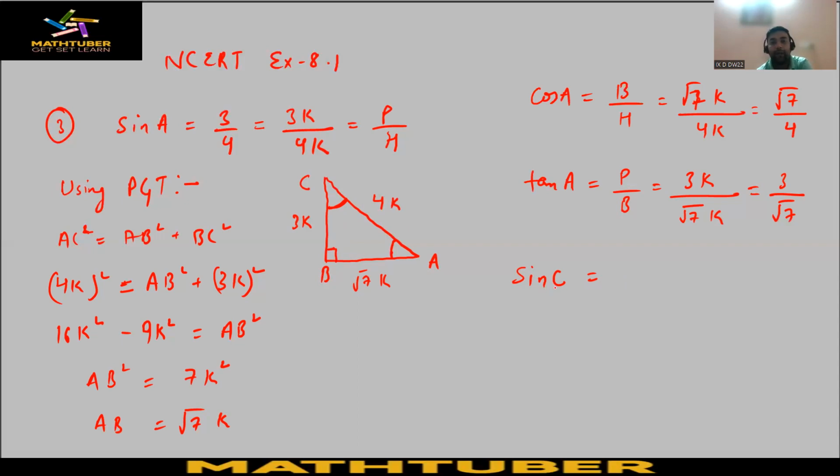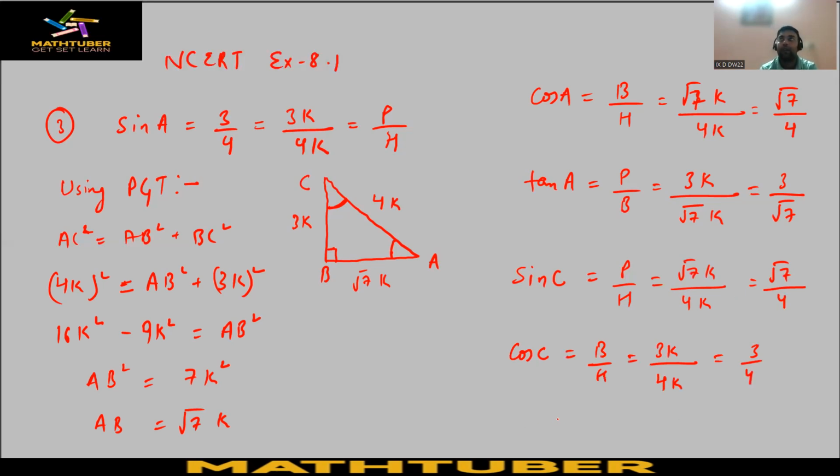So the formula of sine C is perpendicular upon hypotenuse, which is root 7K divided by 4K. So the answer will be root 7 upon 4. Similarly, cos C we can find out base upon hypotenuse, and the value of base is 3K and hypotenuse is 4K. So the answer will be 3 upon 4 here. Similarly, you can find out the other trigonometric ratios using the angles, right?